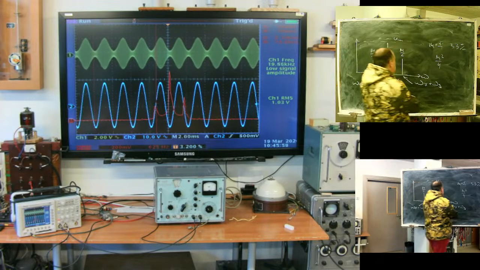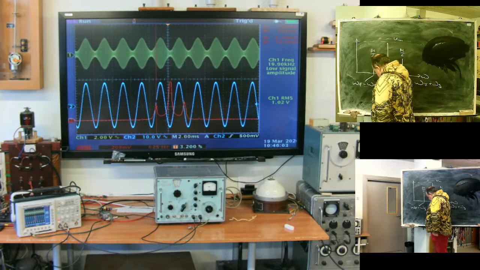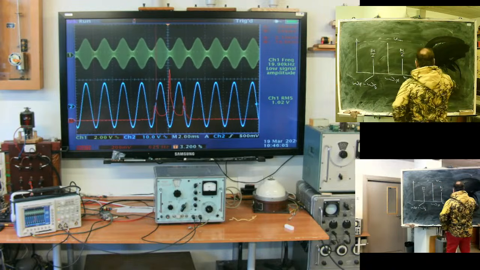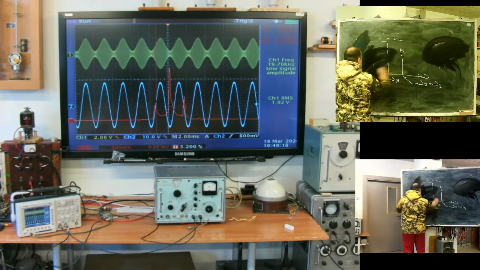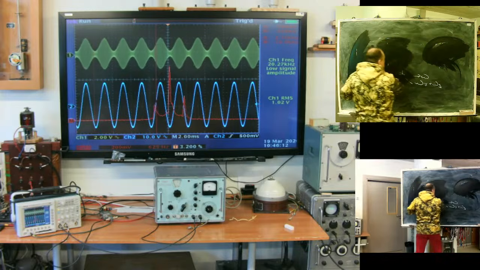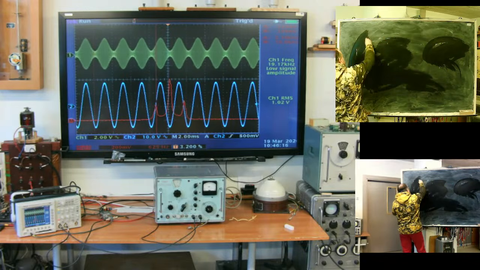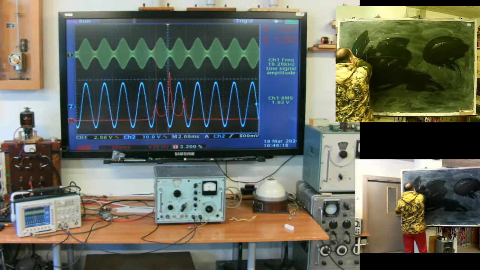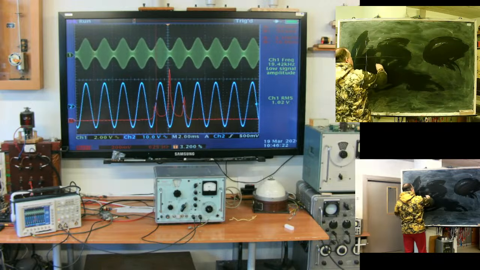Now, let's take something more complex. What do we know? We are familiar with a rectangular signal.